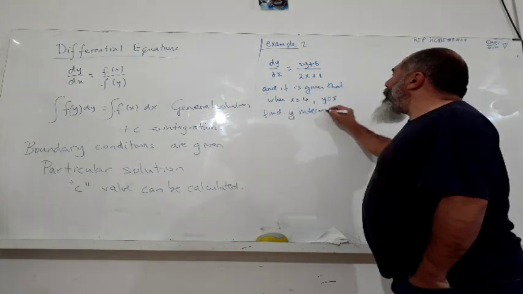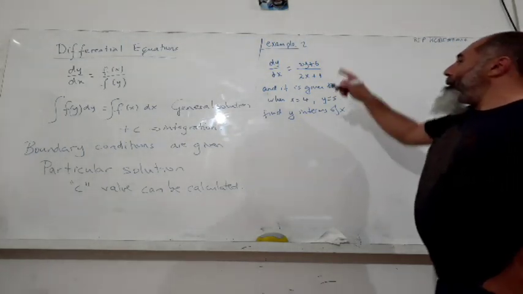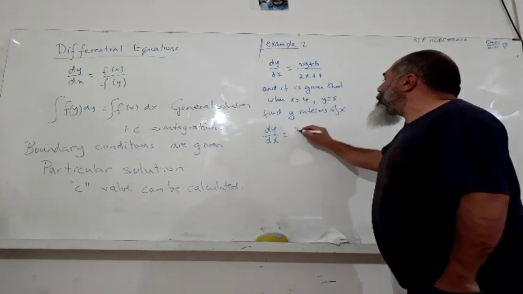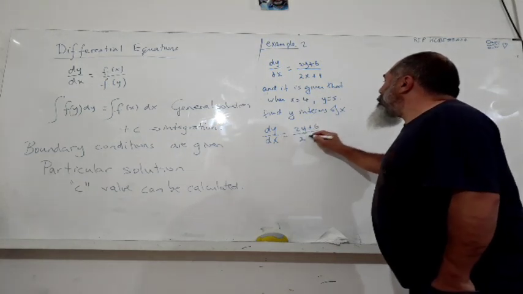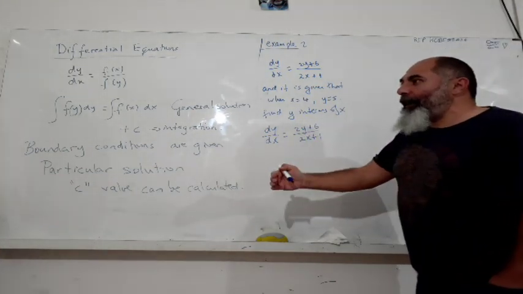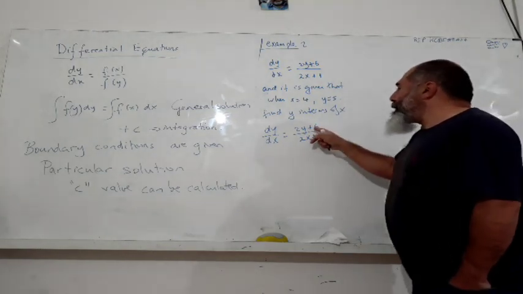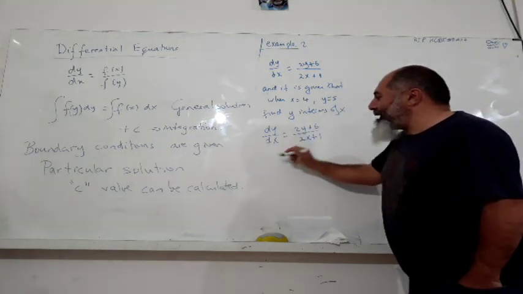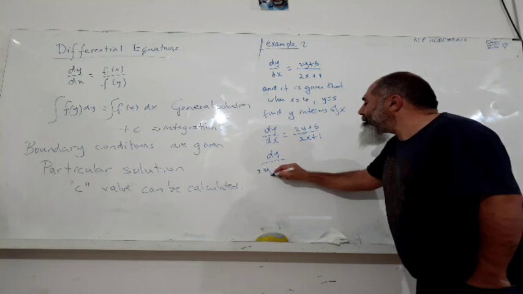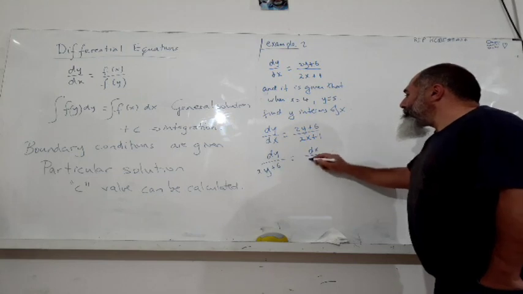Now, here, when we have dy over dx is equal to the expression with 2y plus 6 and 2x plus 1, let's separate them, put all y's on one side and put all x on the other side. I am going to take this 2y plus 6 to the left hand side, and take the x there. So now we need to do the integration.